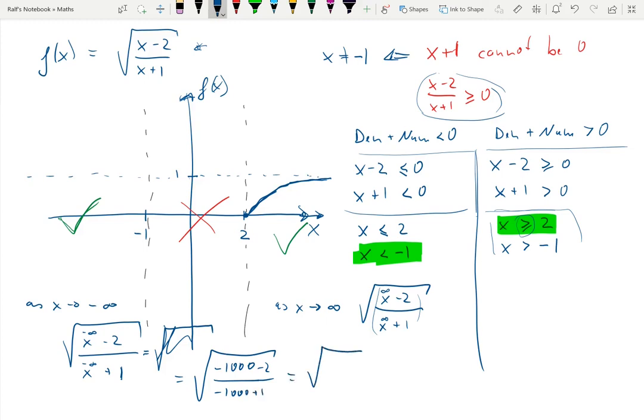So that's the same as, two negatives, they cancel out, 1002 over 999. So this is just a little bit bigger than 1, and the square root of that is going to be just a little bit bigger than 1. And the further we go out, the closer we get to 1, but we never hit the 1.